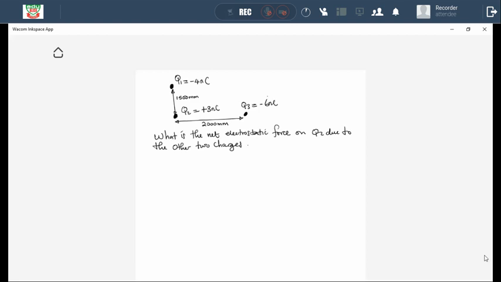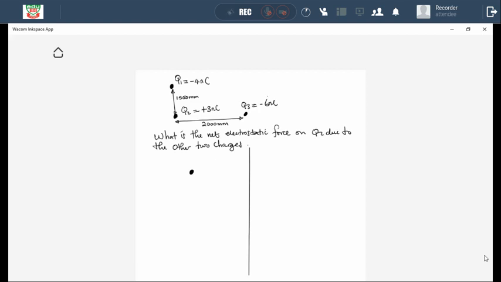Now, first things first, we need a free body diagram. Allow me, friends, to divide this page into two so that my calculation can fit very well without any hassle. So I draw a free body diagram here. I put a dot, and this dot represents Q2. Now I look at the relationship between Q1 and Q2. Q1 is negative, Q2 is positive, which means attraction is going to take place.